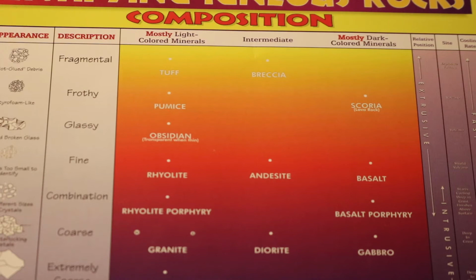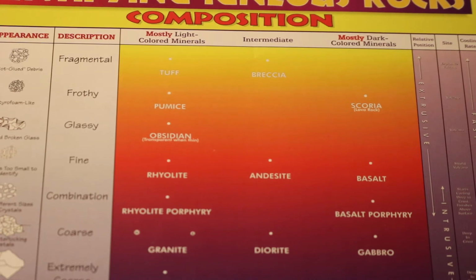Whereas the more mafic minerals, those that contain less silica, so less SiO2 in its mineral composition, they are going to be mostly comprised of the dark colored minerals. So those include olivine and pyroxene and amphibole and biotite.